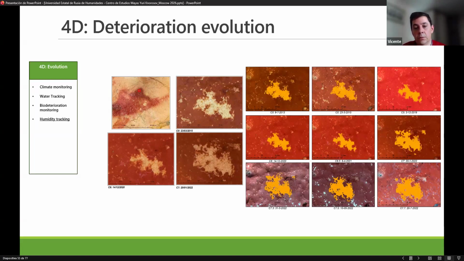You can monitor the process and assess the evolution, and now we are starting to take conservation measures just to prevent or try to stop this water that is moving the pigment, okay?